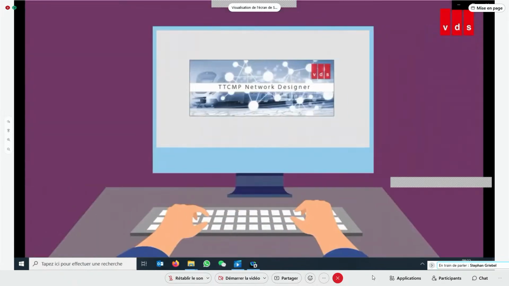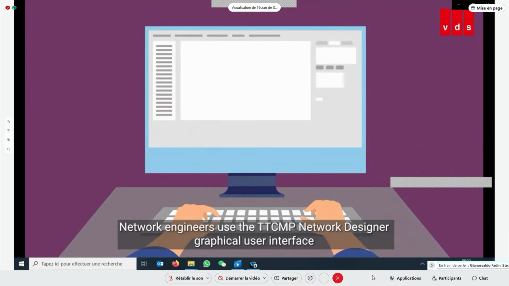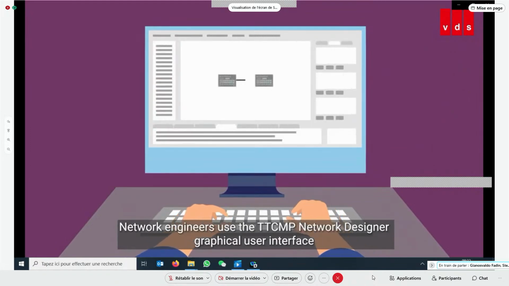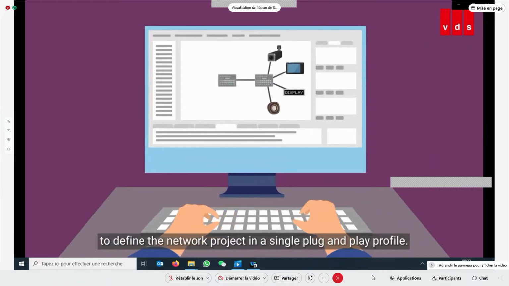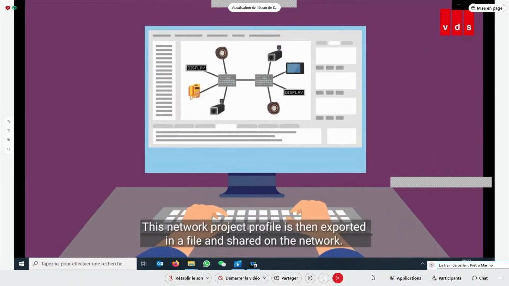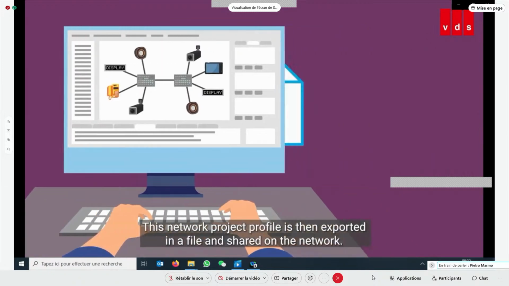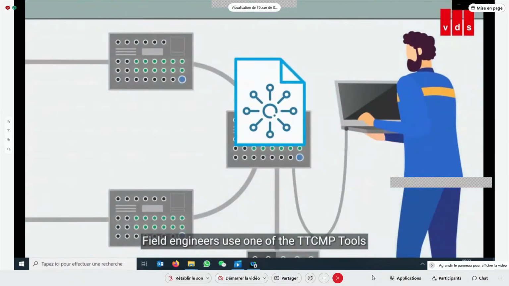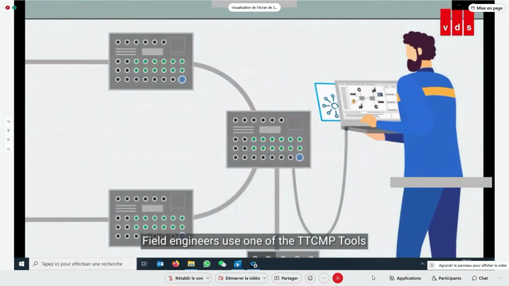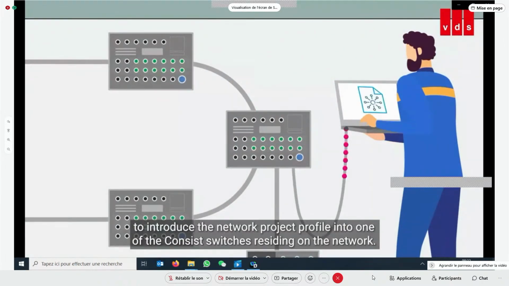Network engineers use the TTCMP Network Designer Graphical User Interface to define the network project in a single plug-and-play profile. This network project profile is then exported in a file and shared on the network. Field engineers use one of the TTCMP tools to introduce the network project profile into one of the consist switches residing on the network.